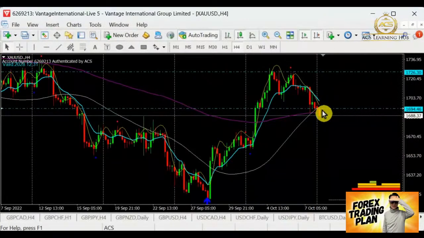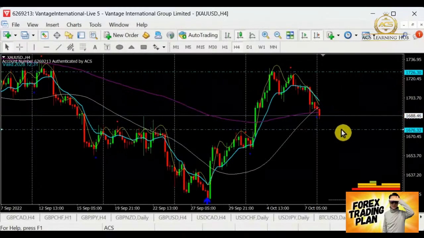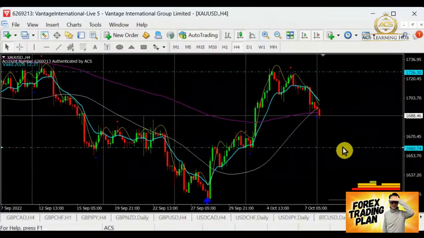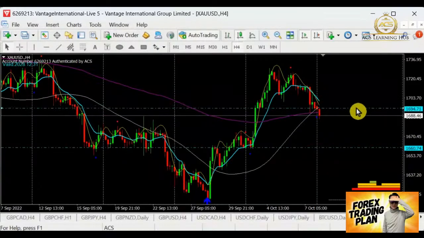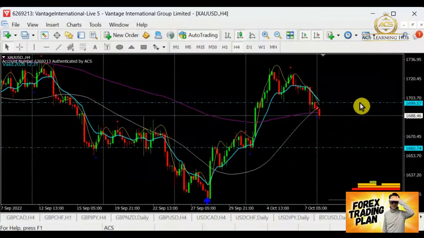So do I have a new target today? Tentatively, if you are basing on simple support and resistance, we have a very smooth trajectory over here and another level over here. That will give you a very simple analysis.